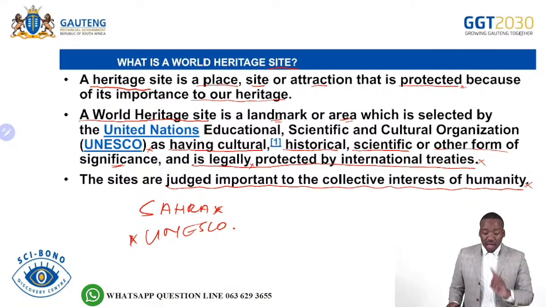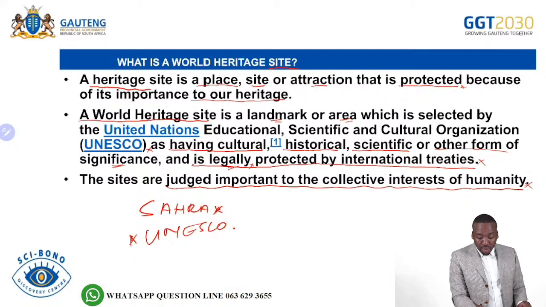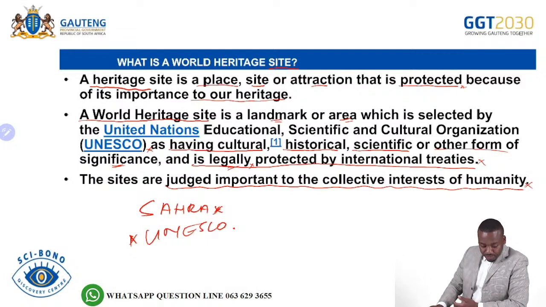And they are legally protected by international treaties. These are the laws. The sites are judged important to the collective interest of humanity. So we need to know them, learn about them, and preserve whatever is protected in that particular World Heritage Site. Cool.